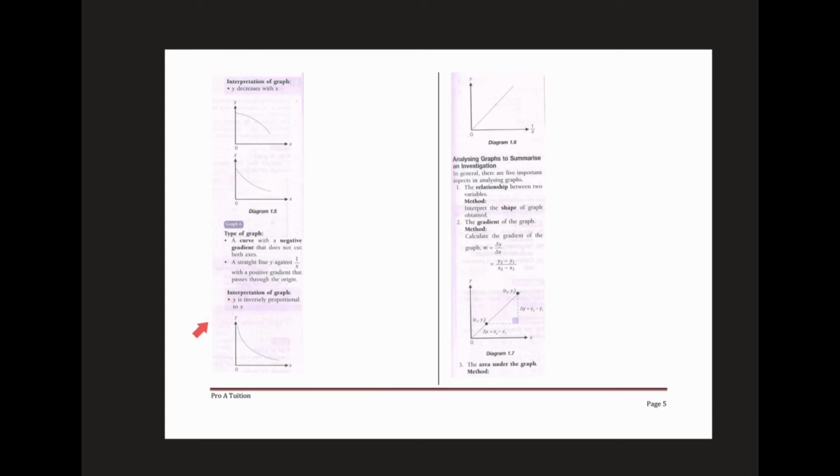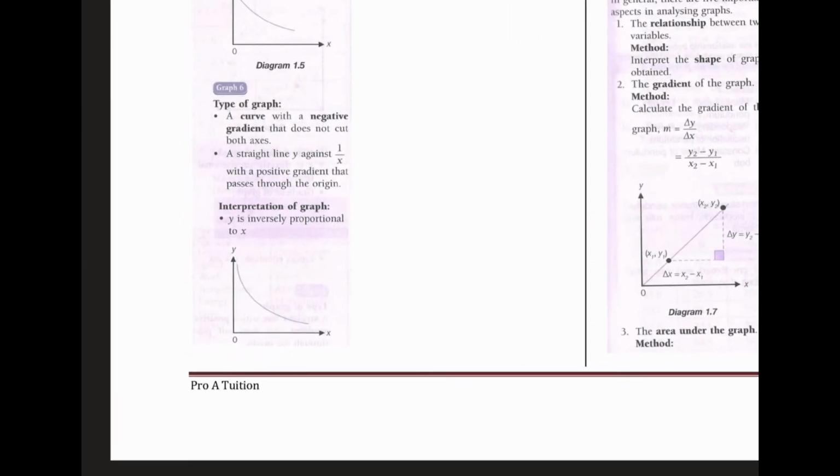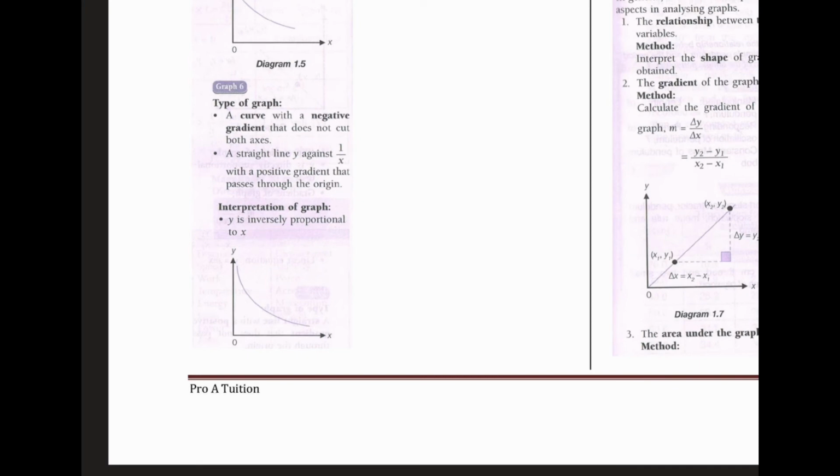Okay, so if you don't change it, you just keep it as y and x, then it will be a graph in this way. If you change the x-axis to 1 over x, then it becomes a straight line from origin. So because of that, the relationship, you must be careful. You have to say y is inversely proportional to x. Y is inversely proportional to x.